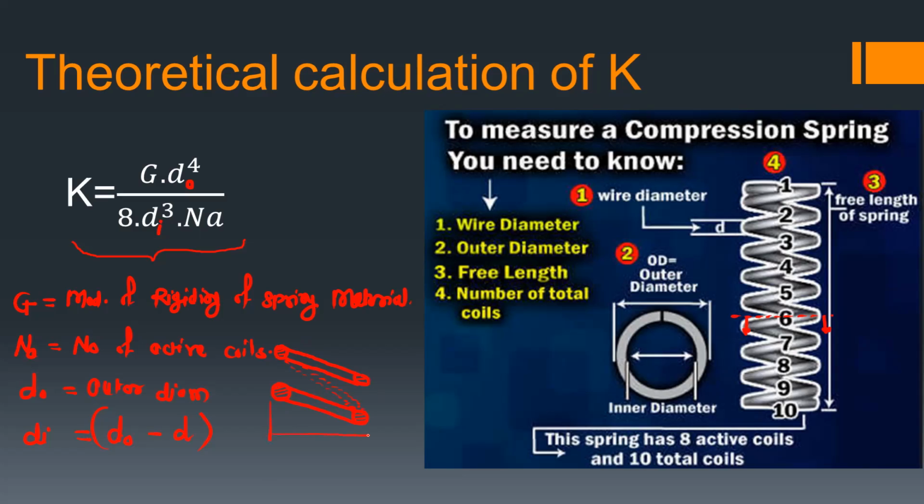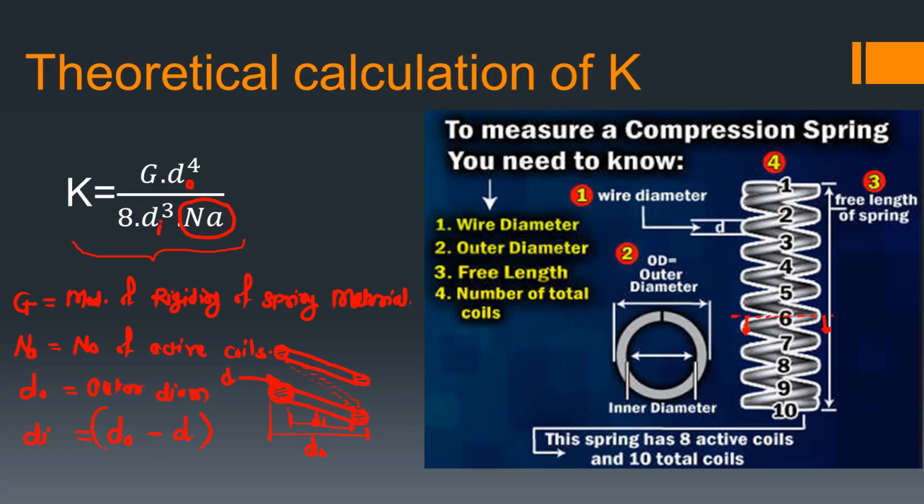So this is the outer diameter, and this is the inner diameter. And for this portion, this is the coil diameter. And here, the number of active coils.